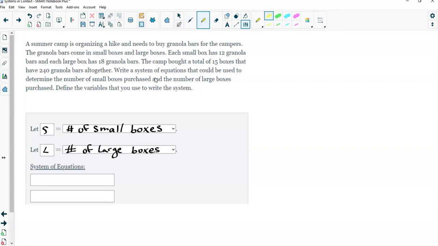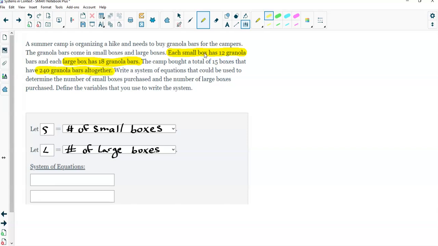So now let's look. The camp bought a total of 15 boxes. Okay, hold on. Each small box has 12 granola bars. So this deals with the quantity of granola bars. And each large box has 18 granola bars. The camp bought a total of 15 boxes that had 240 bars altogether.